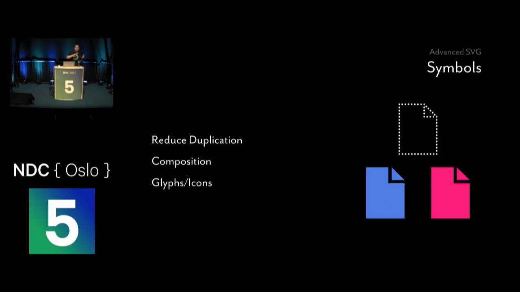So we might have one symbol that represents a computer, another symbol that represents like a clipboard, and we can actually put these different symbols on top of each other and make entirely new symbols out of them. So there's some really, really fantastic stuff that you can do with symbols. And then, as I mentioned, they're perfect for glyphs and icons. You can use them for anything, but I've found them to be most effective when you use them for any type of iconography that you have inside your application.